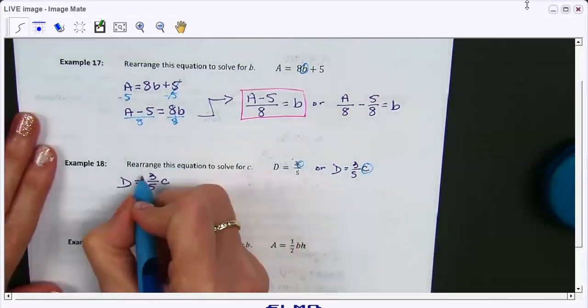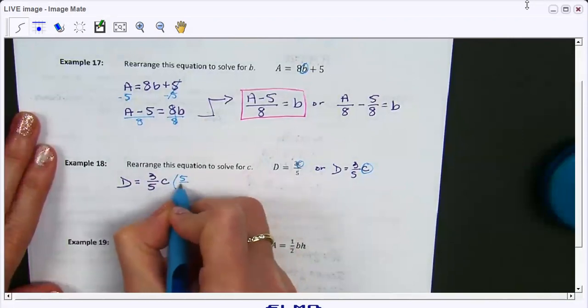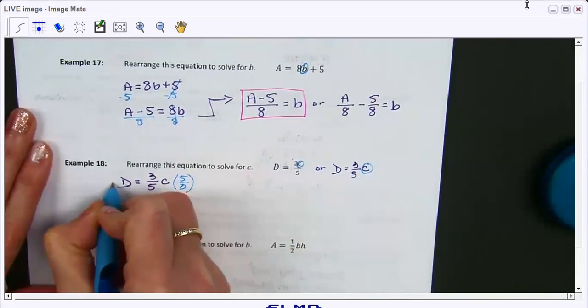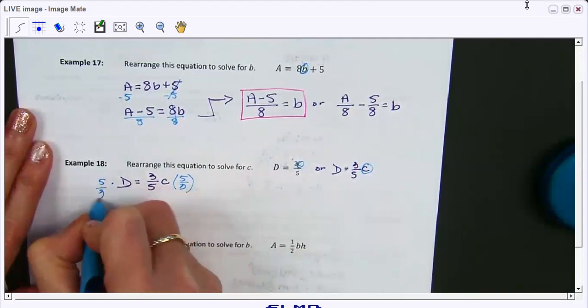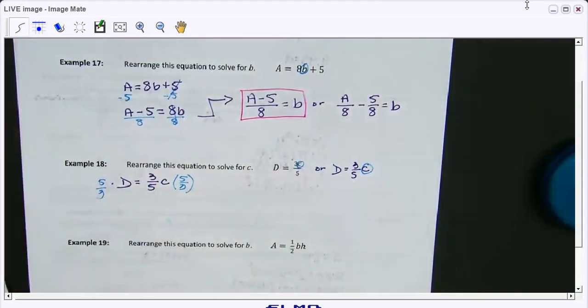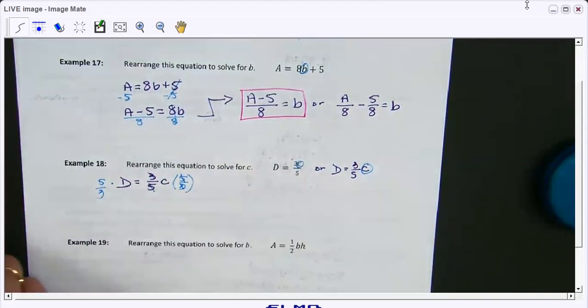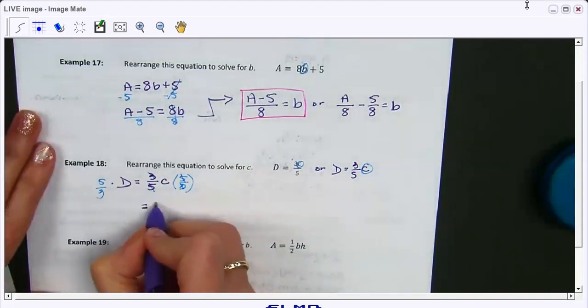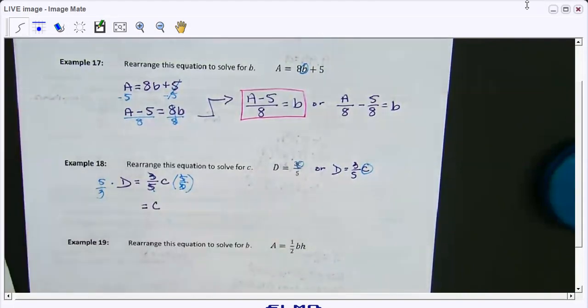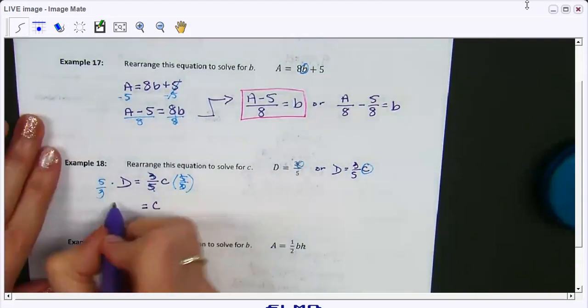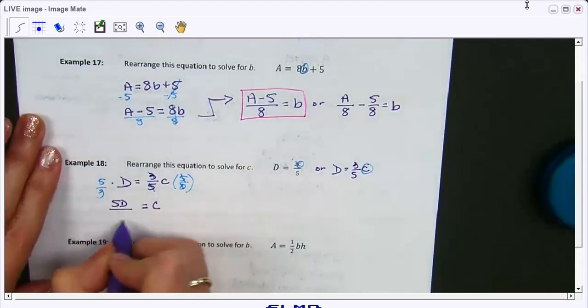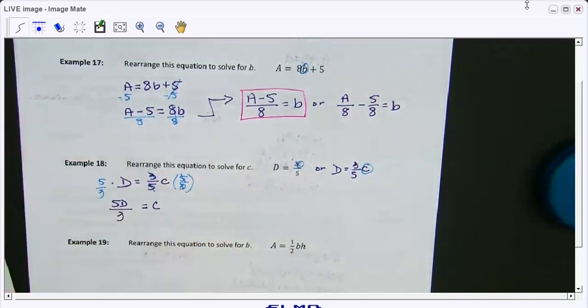So I'm going to multiply by 5/3 on this side and by 5/3 on this side. Okay. Now these cross simplify to 1. So we're left with C over here. And then this is 5 times D, which is 5D over 3. Or 5/3 D, whichever one.